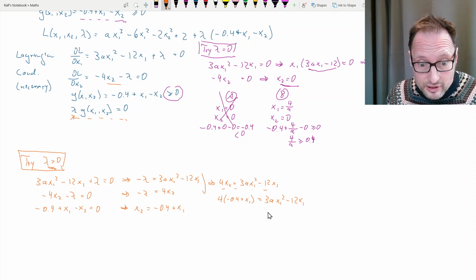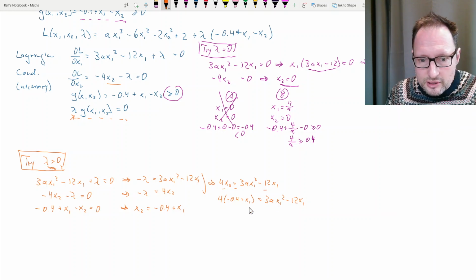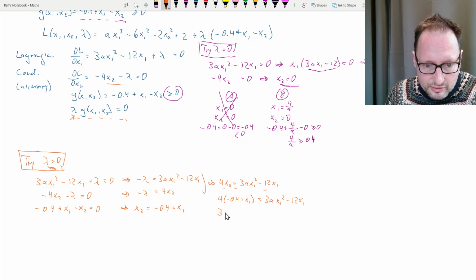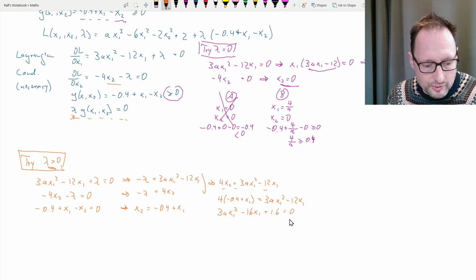Okay, now we have a quadratic equation in x1. We can simplify that to bring it into our favorite quadratic equation form. I'll jump a few algebra steps, but what you'll get is this: 3a x1 squared minus 16x1 plus 1.6 is equal to 0.